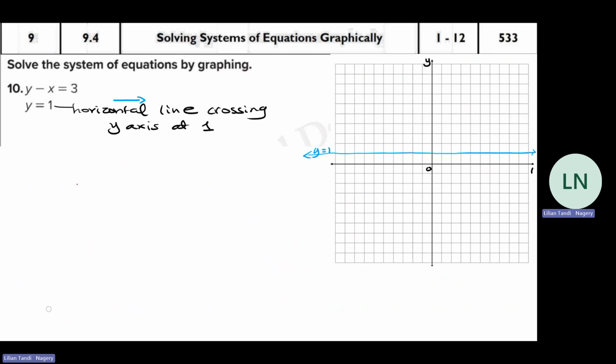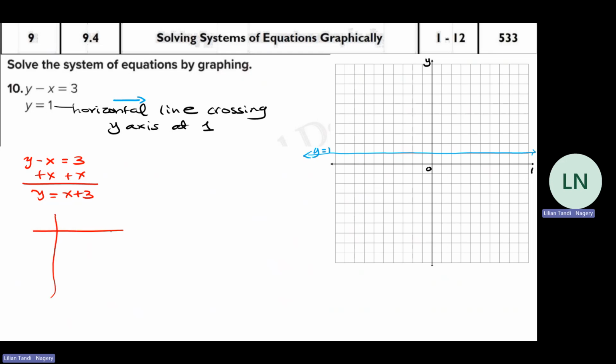Let's use red. So here you have y minus x equals 3. So here you're going to have one solution because your slopes are not the same. Here the slope is 0. Here the slope will be 1. So plus x, y equals x plus 3. Okay.